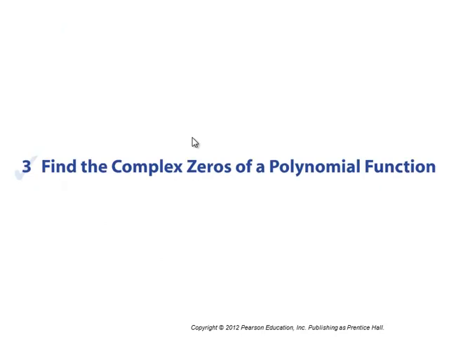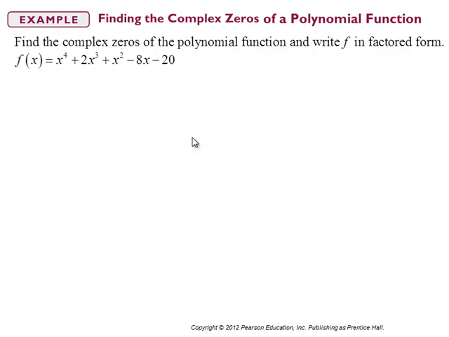All right, moving along here. Find the complex roots of a polynomial function. So how do you do that? Here's an example. We'll go through all the steps. First, finding the real roots, and then factorizing to find the complex roots from your quadratic factors. Now, let's start off with this fourth degree polynomial.